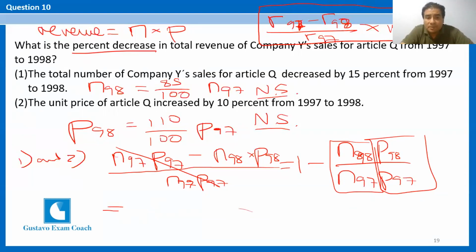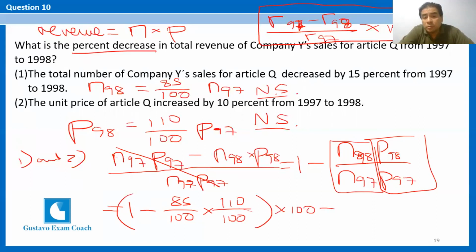So you have 1 minus 85 over 100 times the ratio of the two unit prices for each year, which is 110 over 100. So now, if you figure this out and multiply by 100, you get a unique value, which is the percent, right? So it's sufficient with the two of them together.